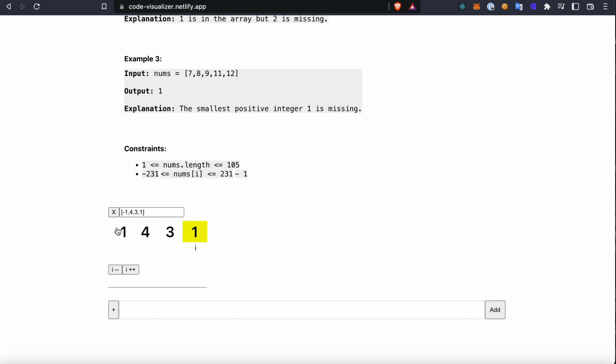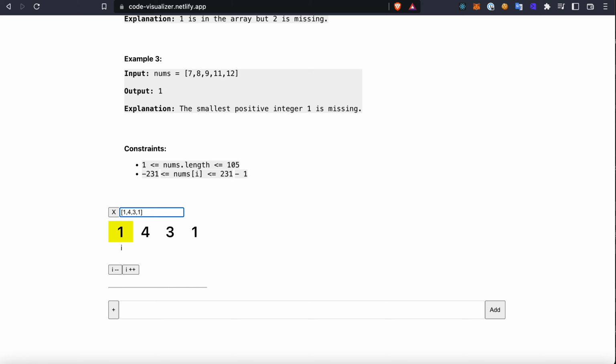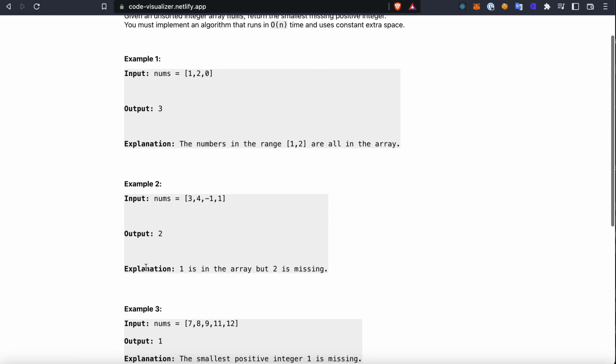It should go here to the first spot, so it'll look like 1, 4, 3, and -1. So we've 1 indexed using cyclic sort, and we start at the first number, so we see 1 is there, but then we see that the next number is not 2, so we say that the missing positive number is 2, and that's the idea.